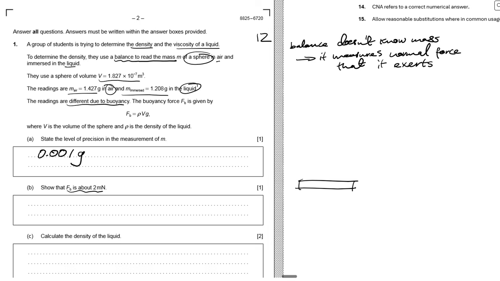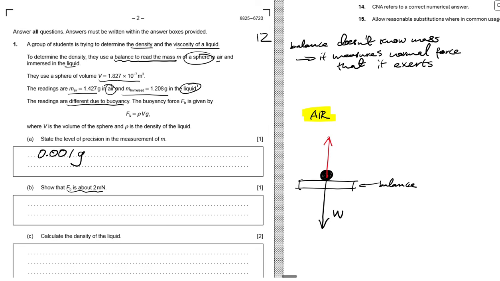We have our balance. Actually, let's just label it balance. Right, and we have our sphere. This is in air. Let's label that air. And we have, let's use red, our normal reaction force that counteracts our weight.